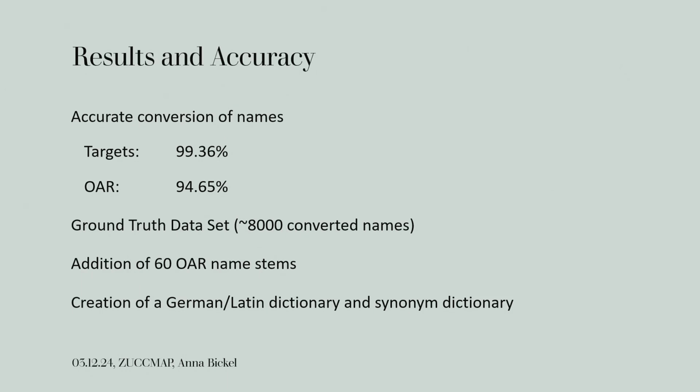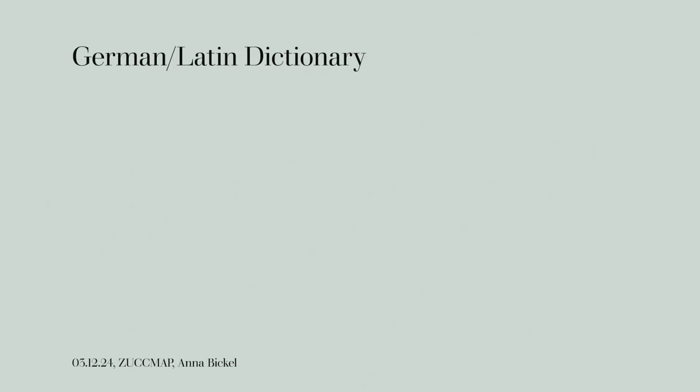So you have the stomach, you could just call it stomach, but there are also other names which doctors use for different organs, and these cannot be converted because we only have one name stem and you match it to the existing name stem. So we will look quickly at the German and Latin dictionary.